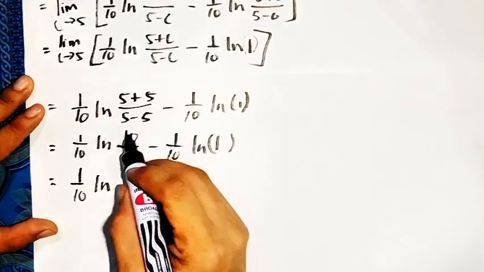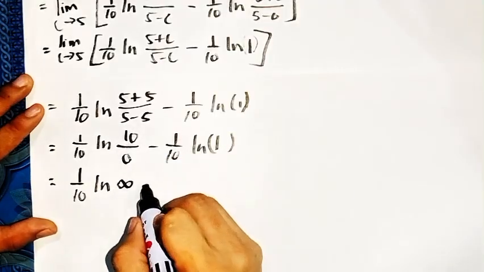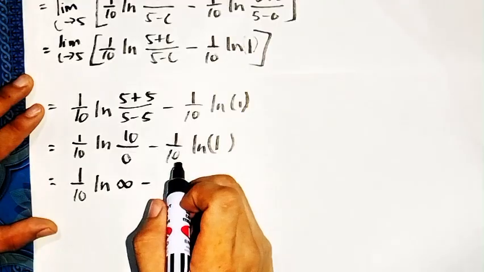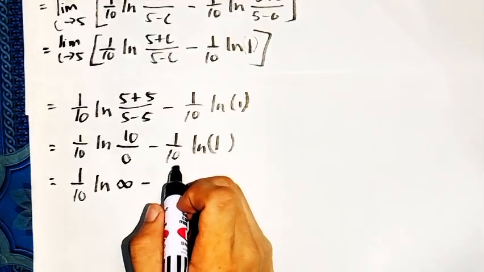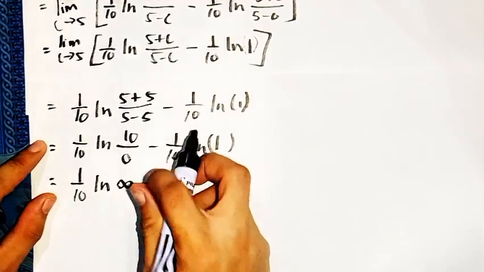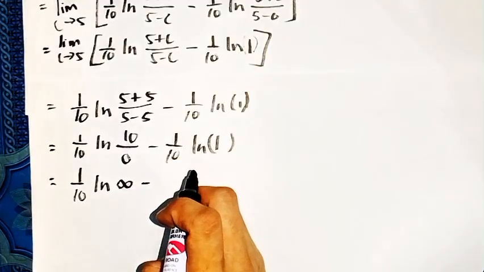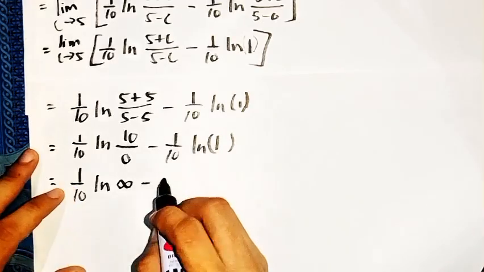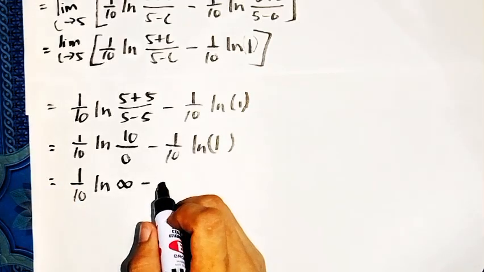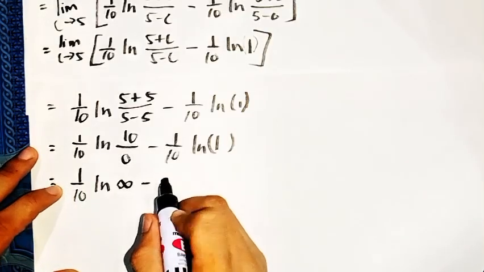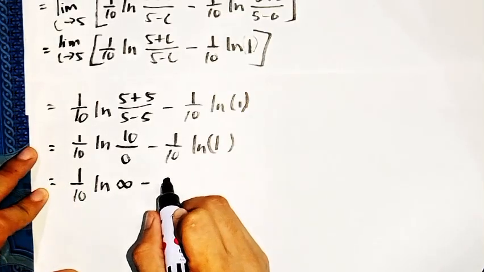Any number divided by 0 is equal to infinity, right? So minus ln 1. ln 1 is equal to 0, so magiging 0 ito.